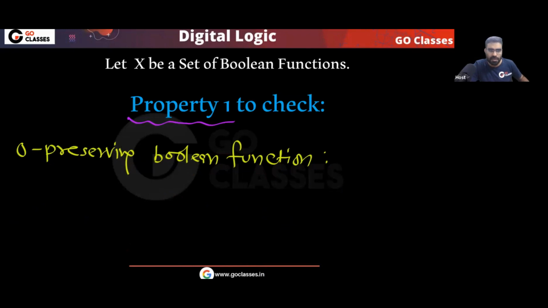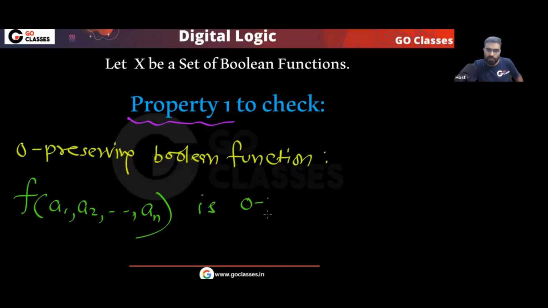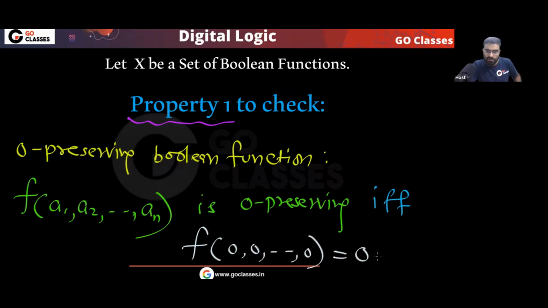So if I give you a function f, this f is zero preserving if and only if, when you replace all the variables by 0, the function value must be 0. Did you understand this? This is the definition of a zero preserving function.